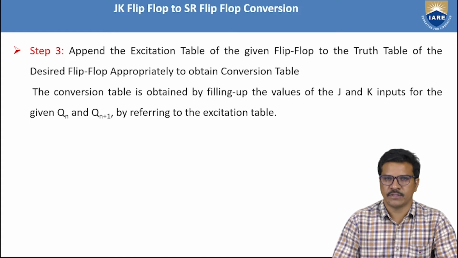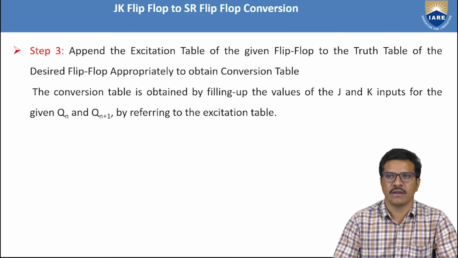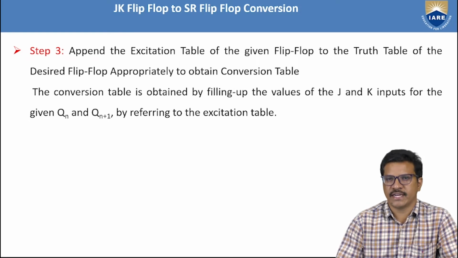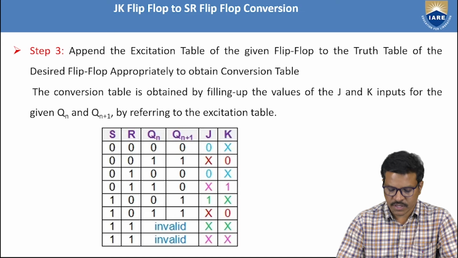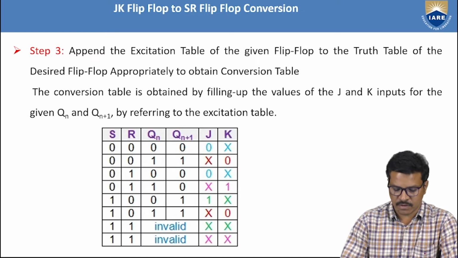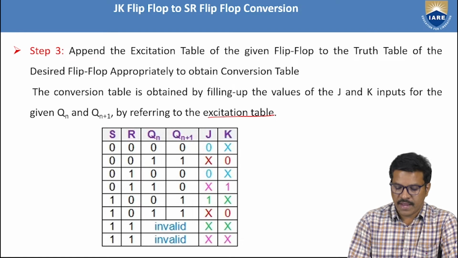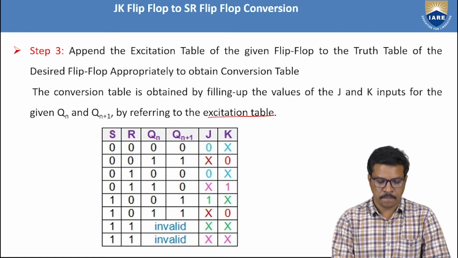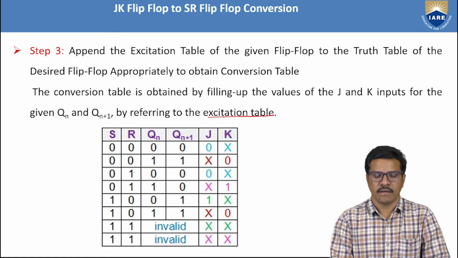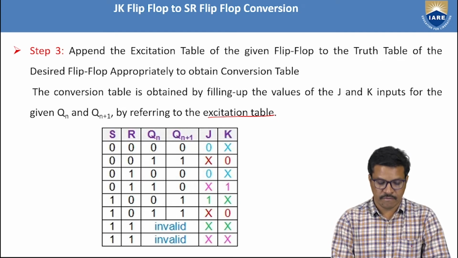The conversion table is obtained by filling up the values of J and K inputs for the given Qn and Qn plus 1 by referring to the excitation table. If you see this conversion table, I am taking the S and R, the desired flip-flop.